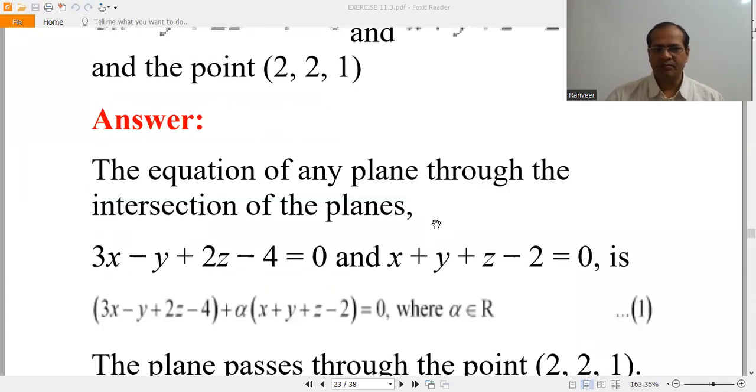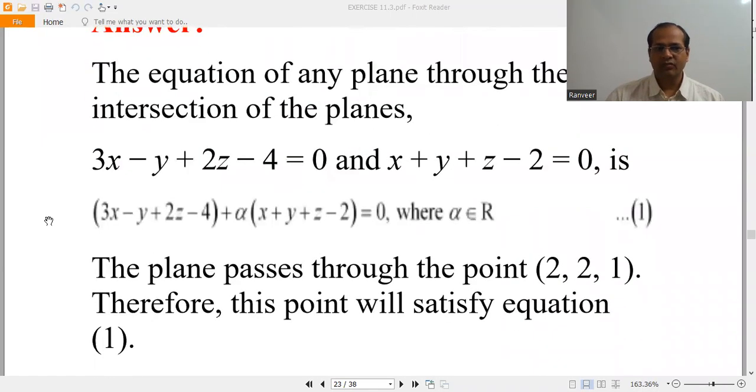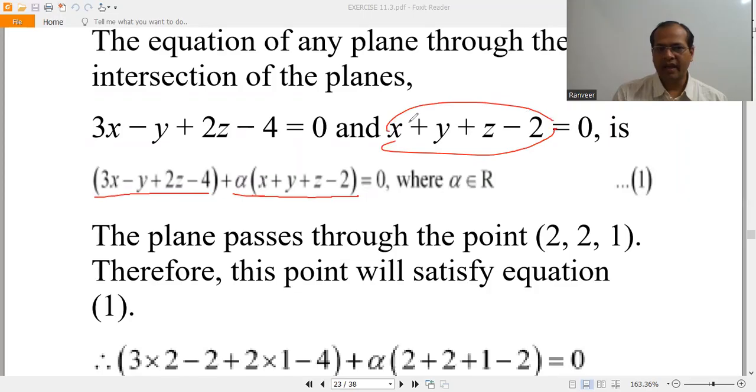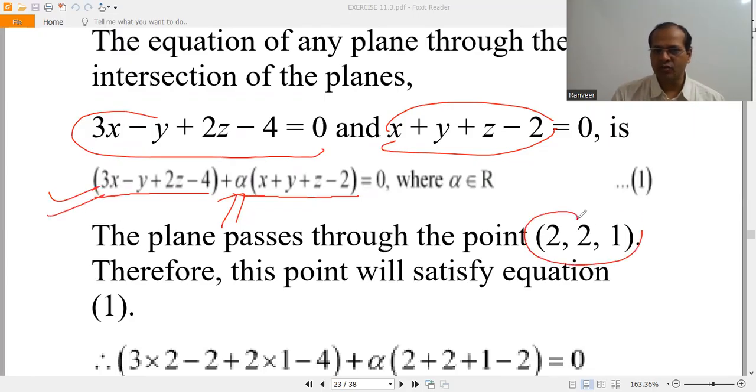So the equation of any plane through the intersection of the planes, we can write here: 3x minus y plus 2z minus 4 plus alpha times (x plus y plus z minus 2). Here we take alpha as the parameter. Now this is the required equation of the plane, and it is passing through the point 2, 2, 1. So we have to substitute the value 2, 2, 1 in this plane.